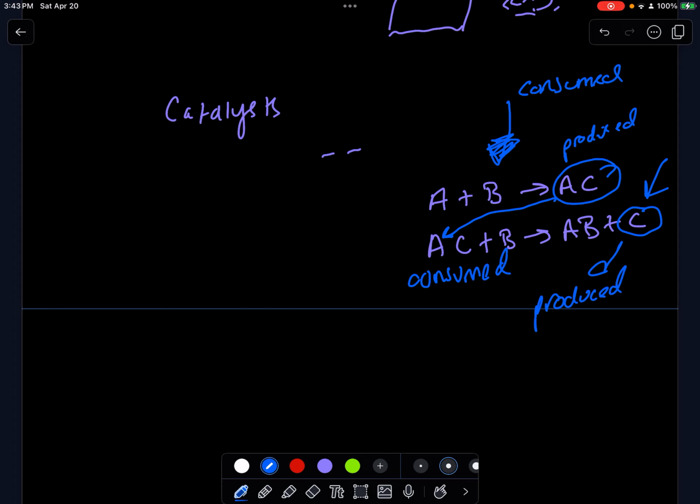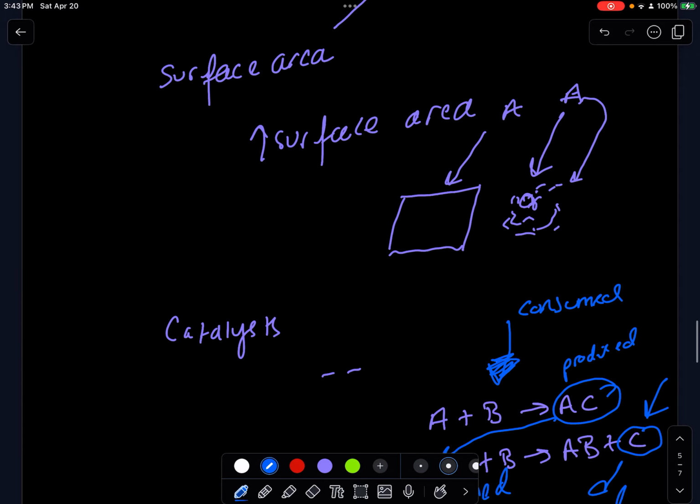And so a catalyst, strictly speaking, it offers an alternative path for the reaction. So, these are broadly the main things affecting rates of reaction.